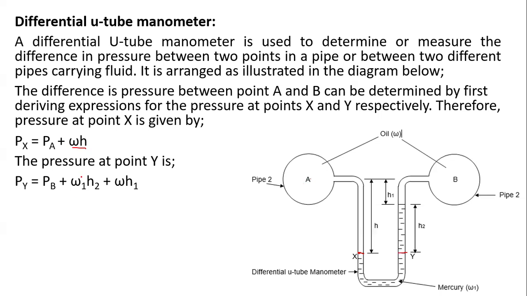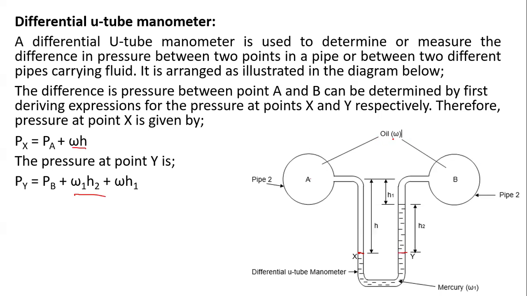We do the same for the pressure at Y. This is equal to the pressure at B plus the specific weight of this liquid times height here: specific weight 1 times H2, plus the specific weight of this liquid flowing in the pipe. In this case, we assumed the fluid flowing here and the fluid flowing there are the same.